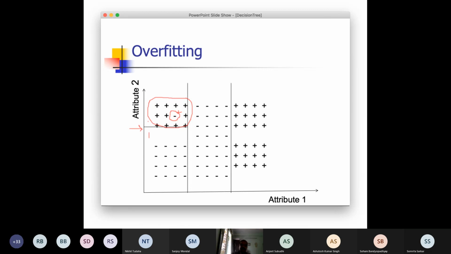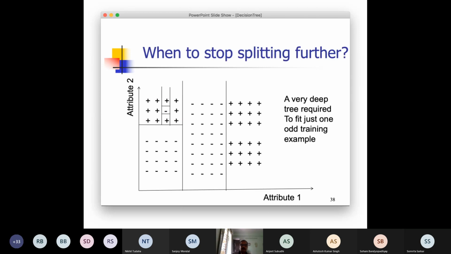But now since it is negative, this will still be impure, and you may go ahead with splitting this node further, which means you can grow the tree longer, increase the depth and try to fit each and every data point. But this is most likely overfitting, because if you use it for unseen data, you may get higher error in this case.